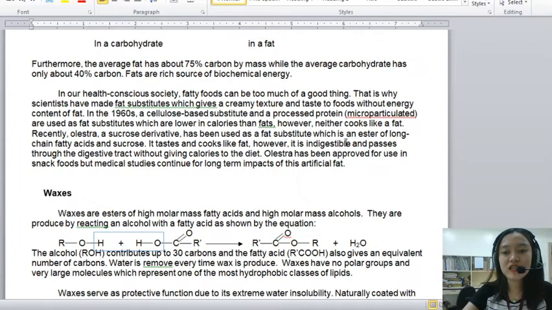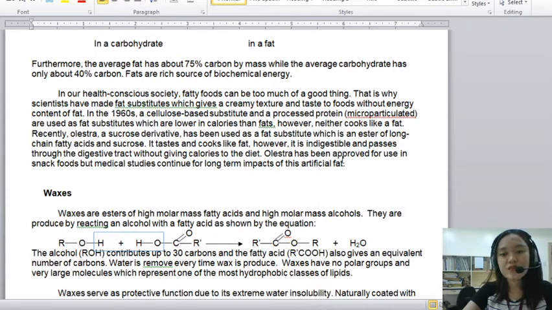However, it is indigestible and passes through the digestive tract without giving calories to the diet. So, nalalasahan mo siya as fat, pero actually, hindi siya nadadigest ng stomach or intestines. No? So, walang calories na nabibigay yung inyong olestra. So, these are used by people who are on a diet.